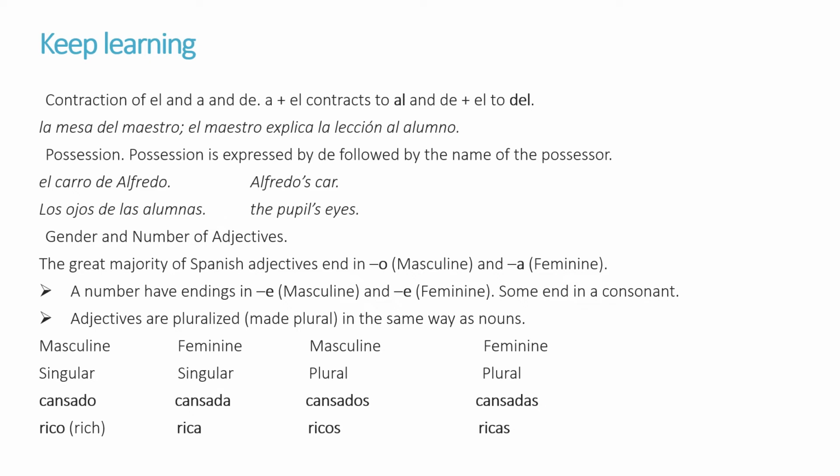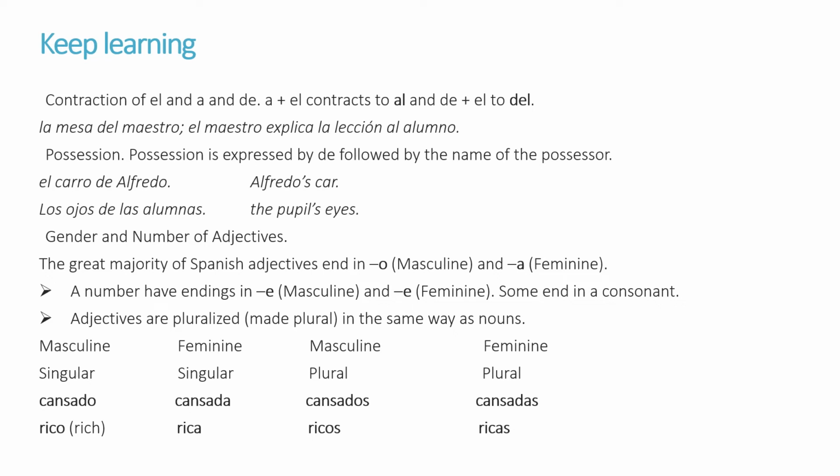For example, el carro de Alfredo, los ojos de las alumnas. In these sentences, we are expressing the possession of the subject with the words that we learned before, the contractions of a and el, and de and el, del and al. El carro de Alfredo, los ojos de las alumnas.